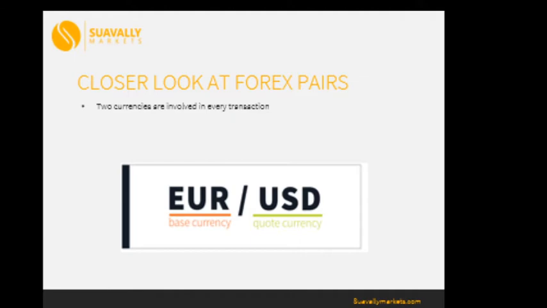So as an example, this currency is Euro USD. EUR representing the euro, which obviously is the currency of the European zone, the Eurozone, whilst the USD obviously is the United States dollar, which is the currency of the US.